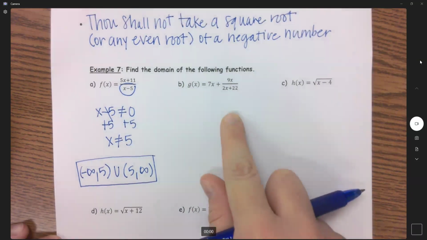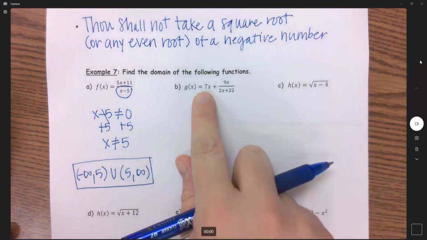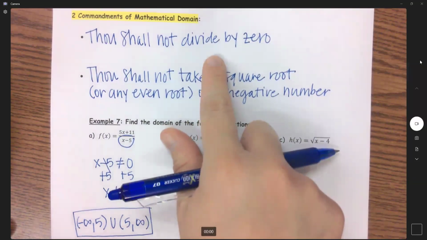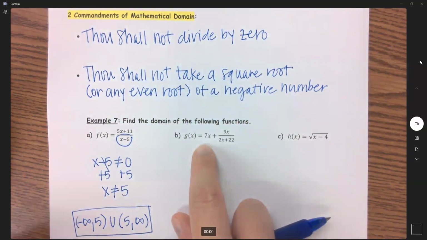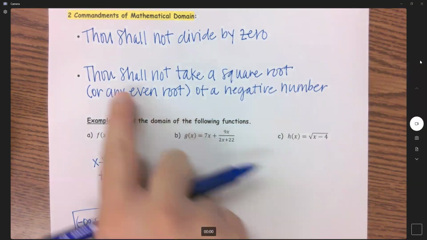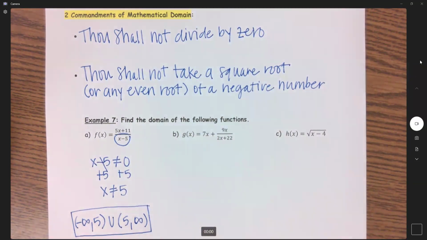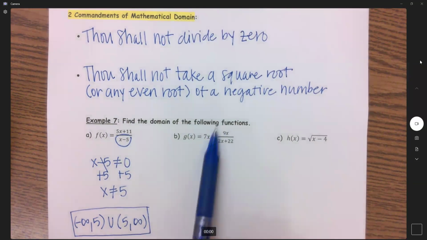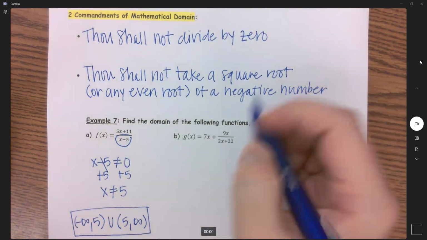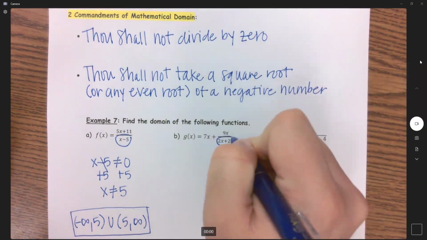Okay, let's try again on B. Same thing, the 7x I don't care about because I don't need to worry about dividing anything by 0. There's nothing in the denominator. And I don't need to worry about taking the square root of a negative number because there's no square root. So then I come over to this term, and what I need to worry about is, again, this denominator.